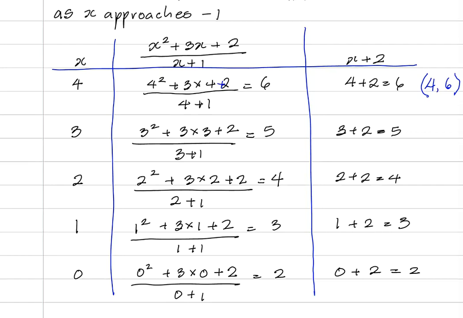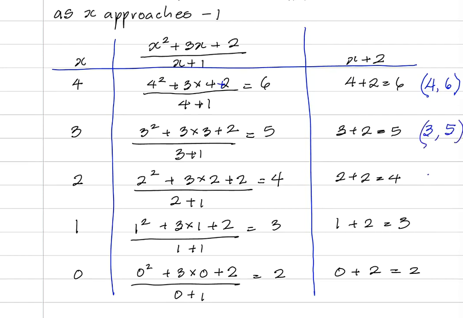To the right, which is easier, when x is 4, we have x plus 2, 4 plus 2, which is equal to 6. You can bear this in mind for later. If we plot a graph of the function y equal to f of x, one coordinate of the function is going to be x is 4 and f of x, or y, is equal to 6. We can have a look at that later. Just like for here, when x is 3, f of x is equal to 5.